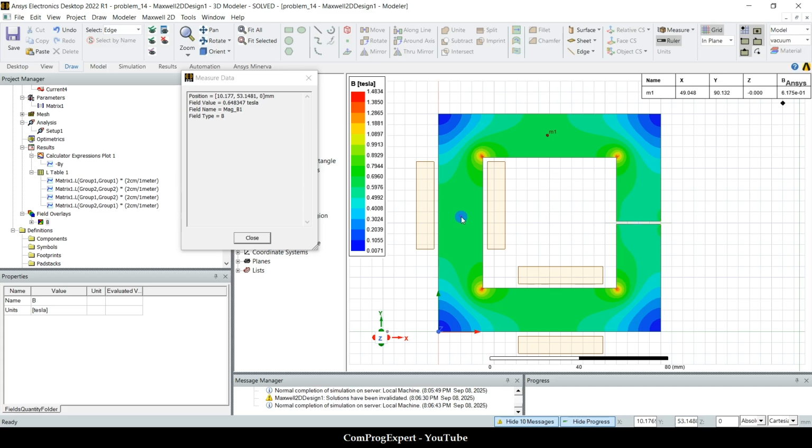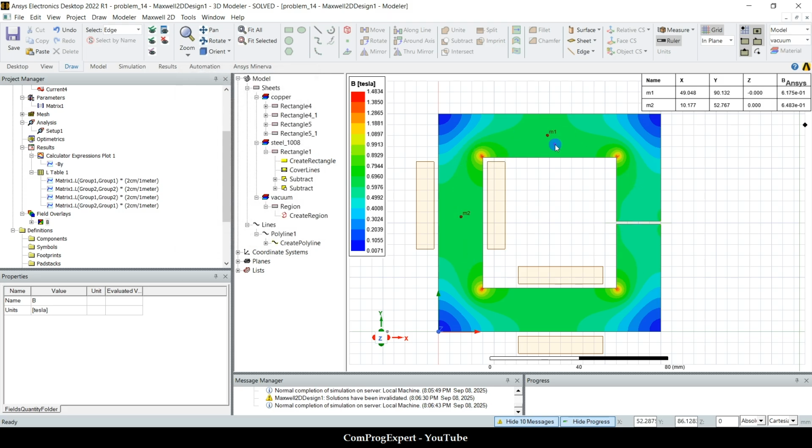Here is 0.65. So we don't have a uniform value of the flux density. So the permeability is not constant, right, in the core.